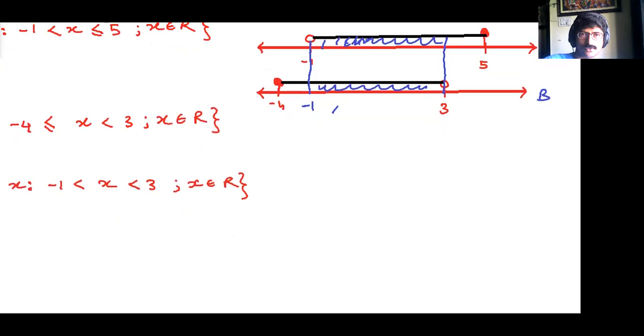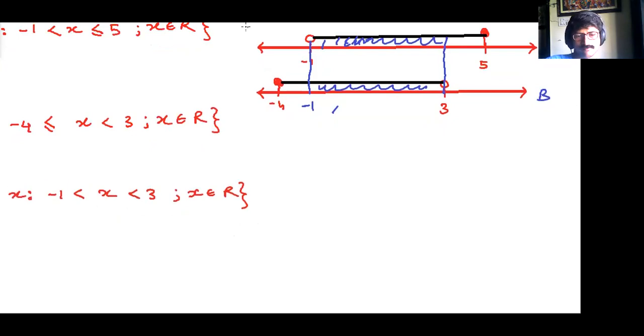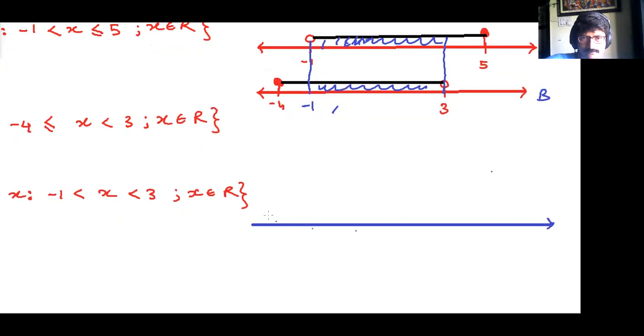And now you'll have to draw the number line very carefully for this. So how are we going to draw the number line for A intersection B? You can draw it like this. I'm putting these arrows and lines so that you can do it perfectly. We want one extra number, so I'll start with -2, -1, 0, 1, 2, 3, and 4.